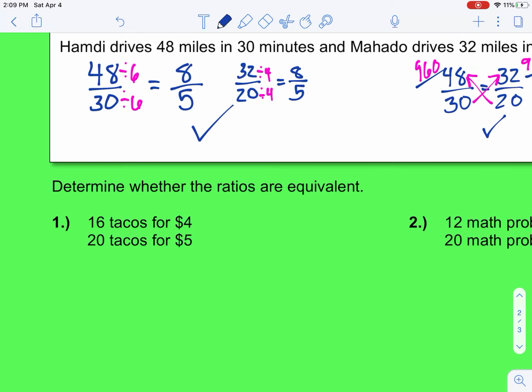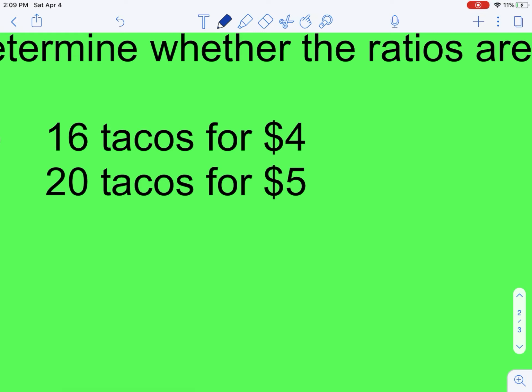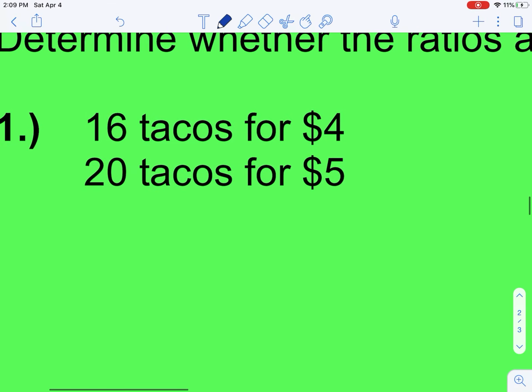So let's take a look at our first one. We're going to determine whether the ratios are equivalent. I've got 16 tacos for $4 and I've got 20 tacos for $5. I'm going to do method 2, which was cross multiplying. I like to always put money first because money should be first when we talk about ratios and when we talk about rates, which we'll do tomorrow. So I'm going to go $4 for 16 tacos.